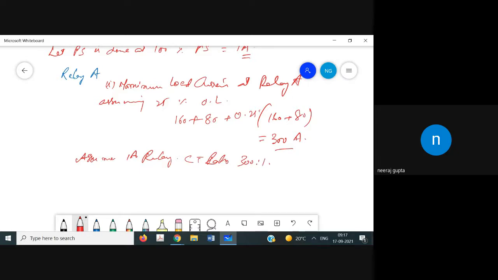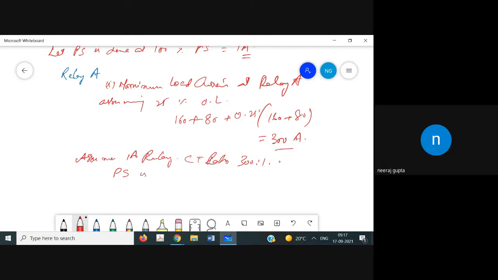The main idea is that you must know the load current, and you must know what kind of relay you are using, that is the rating of that particular relay, and depending upon that, you have to select the CT ratio. So this is the first design part.